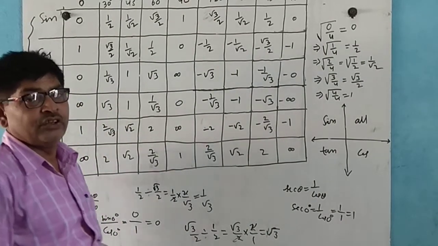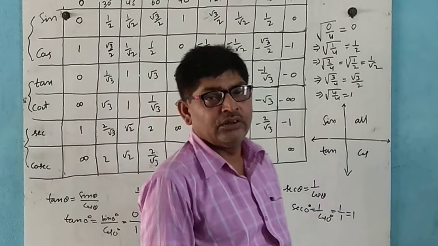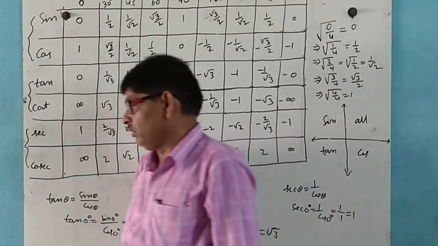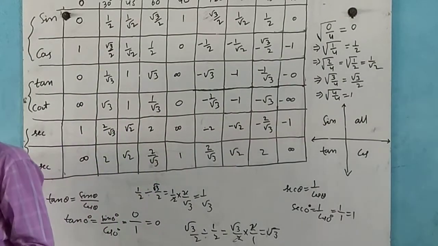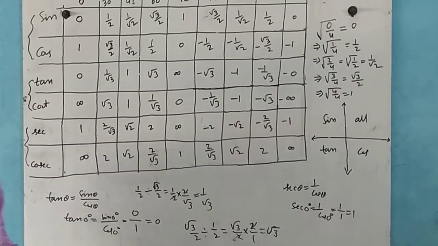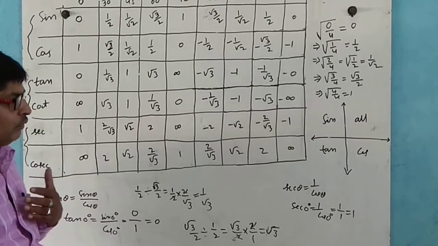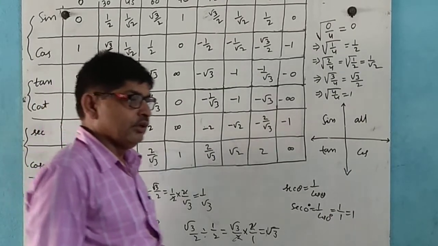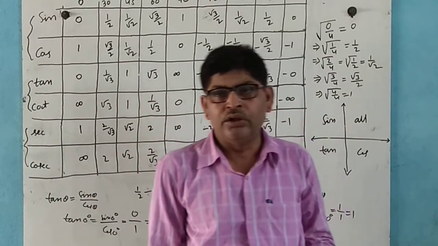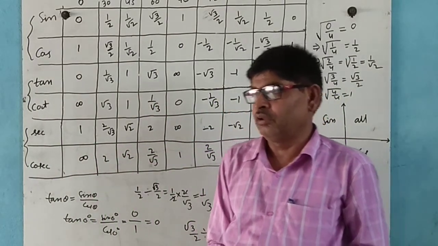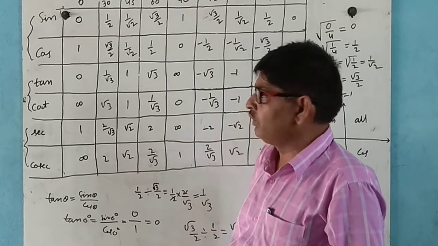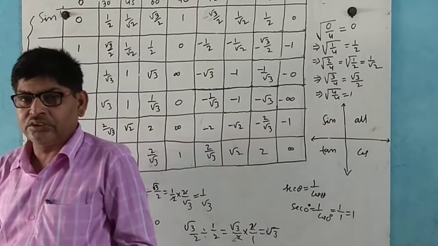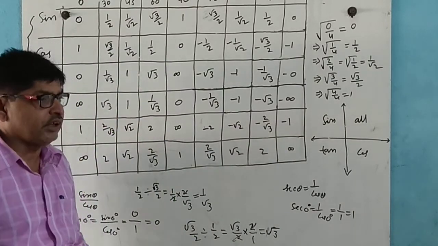If you try this, and then after that repetition, and if you know about these tables, repeat on your own and remember them with the help of a trick, then we get the values.